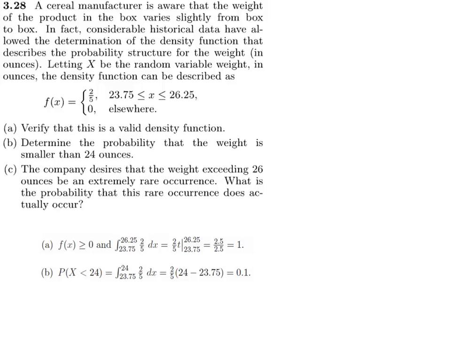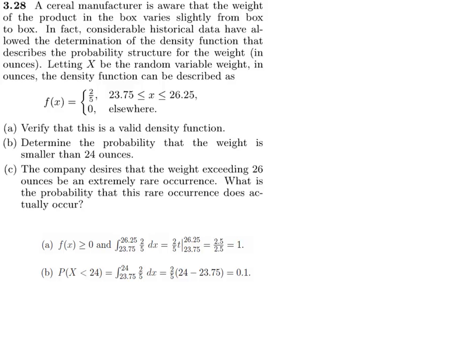Part B is to determine the probability that the weight is smaller than 24 ounces. So again, less than, you will go from 23.75 to 24. Those are the limits for your PDF, and then you solve for your probability.